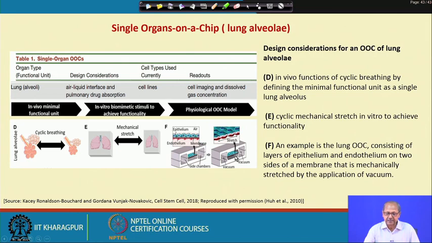Here the gas exchange between the bottom chamber and the upper chamber full of air could be monitored, and the microenvironment is an air-cell interface on top and a cell interface at the bottom through the membrane.